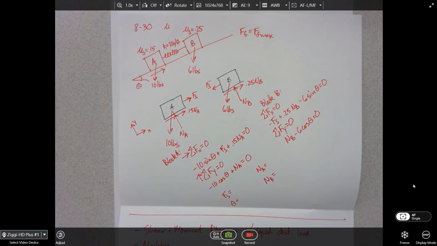We have 6 pounds going down. Force of friction is also going up on this one and will be 0.25 N_B.